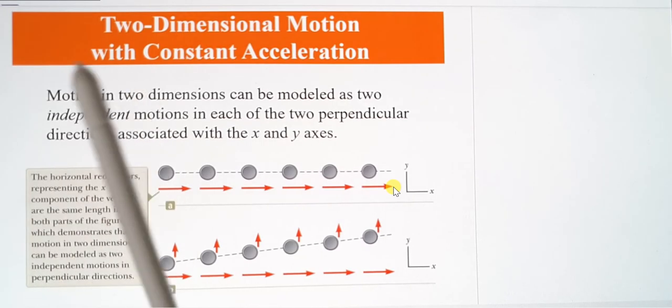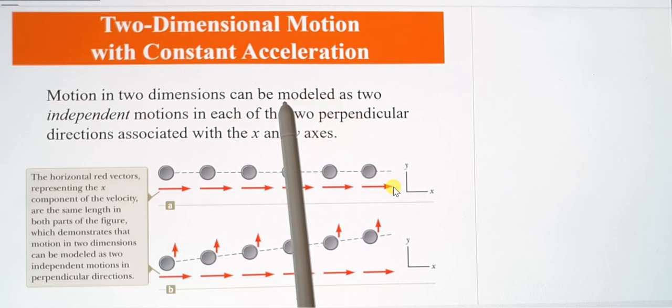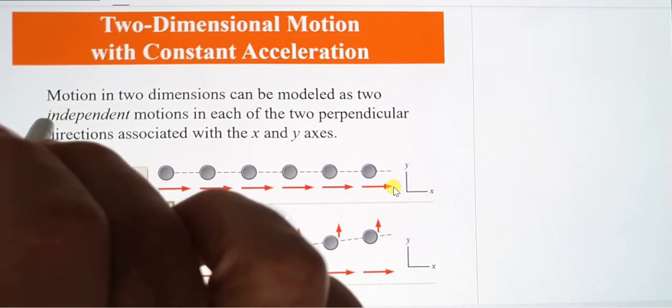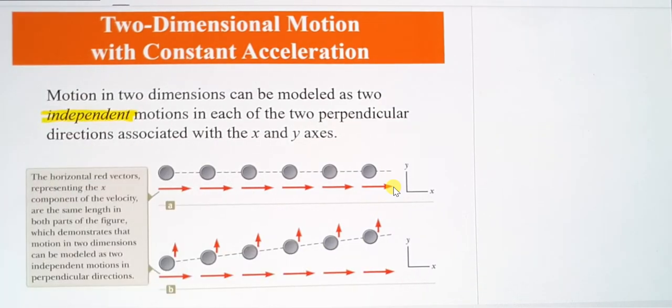Now, motion in 2 dimensions can be modeled as 2 independent motions, and this is important. This is a key in understanding motion in 2 dimensions. It is independent. That is, what's going on in the x-axis is not affected by what's going on in the y-axis.